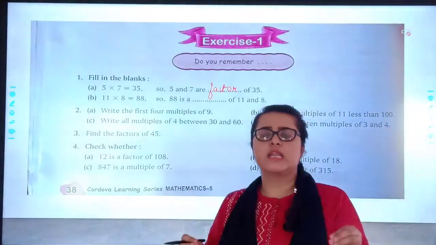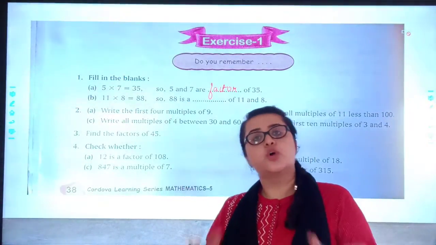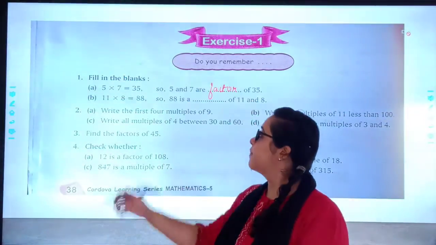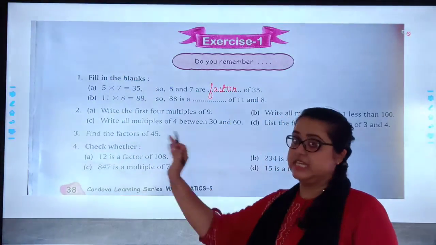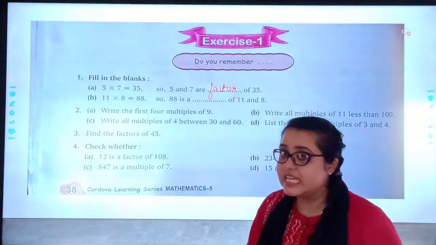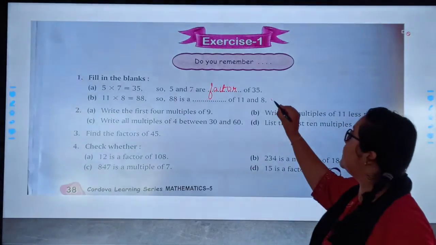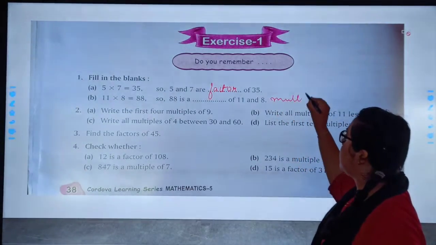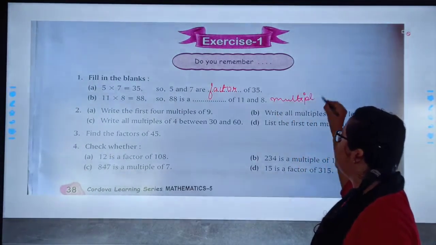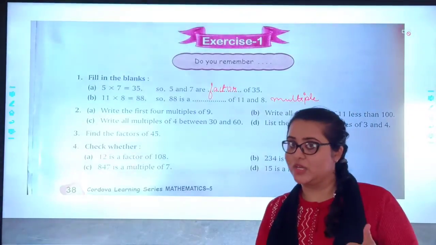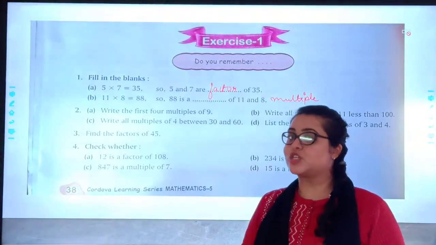Students, just remember: if it goes in someone's table, it's a multiple, otherwise a factor. 11 8s are 88. So 88 is a multiple of 11 and 8. Okay students, let's move to question number 2.